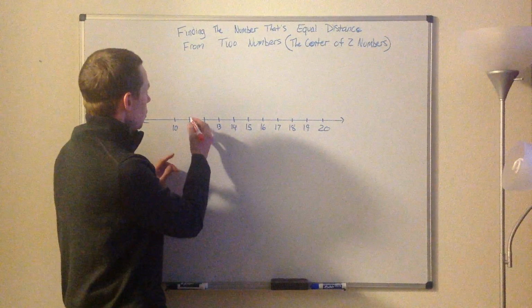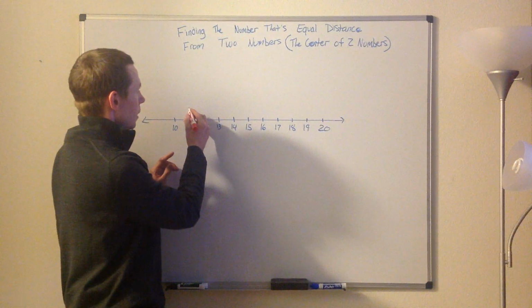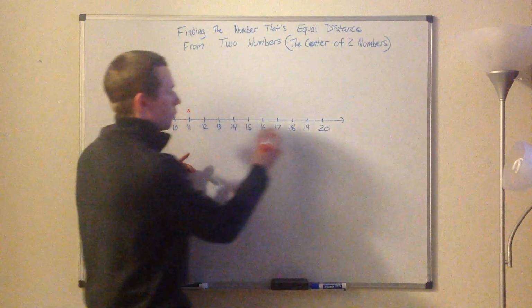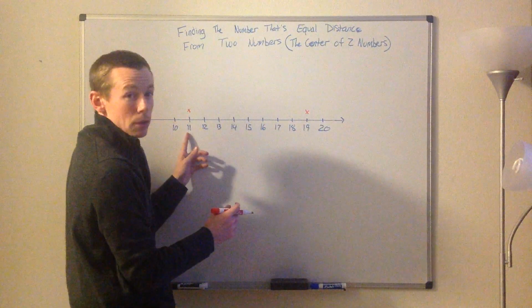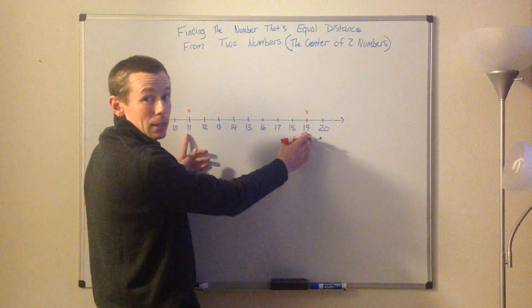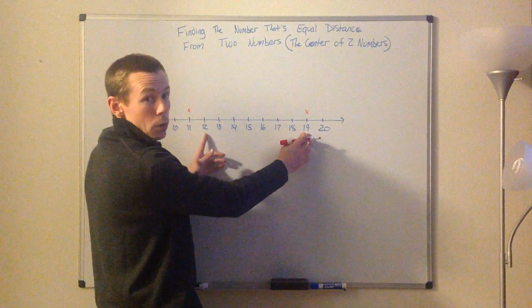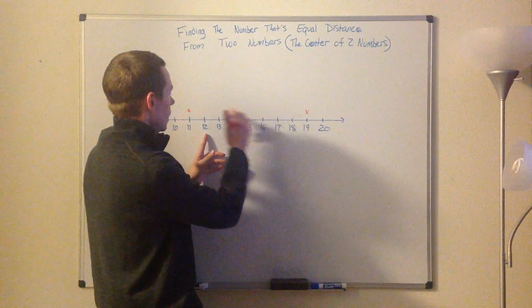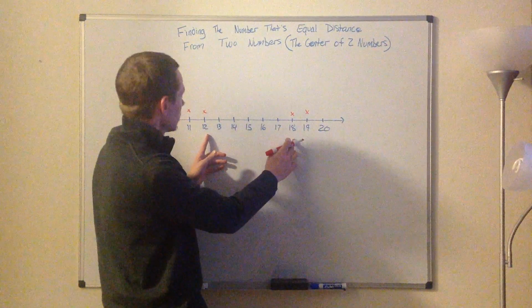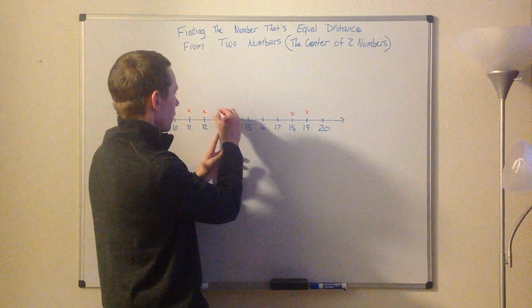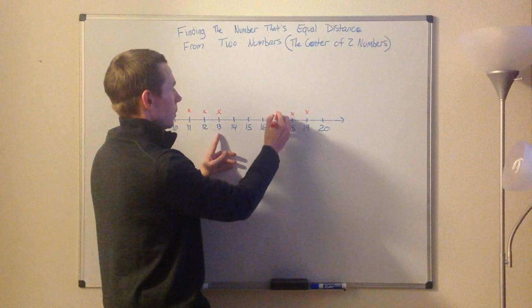So if I move 1 over here, then I'm going to move 1 over here. So I move from 10 to 11 and from 20 to 19. Now I'm going to move inward 1 again and inward 1 here. And keep going until I find the center. Inward 1 and inward 1 over here.